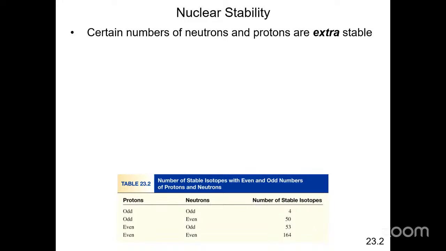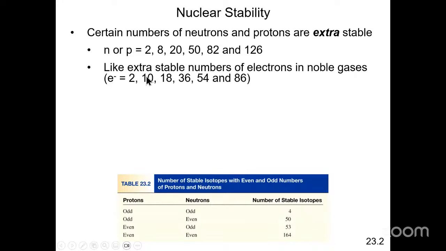It turns out that certain numbers of neutrons and protons are extra stable when they're present in a nucleus. If the number of protons or neutrons is equal to these numbers here, they tend to be stable. It's kind of comparable to the extra stable numbers of electrons in noble gases.